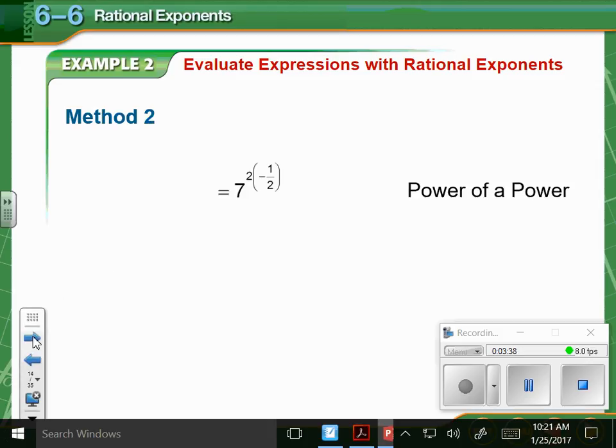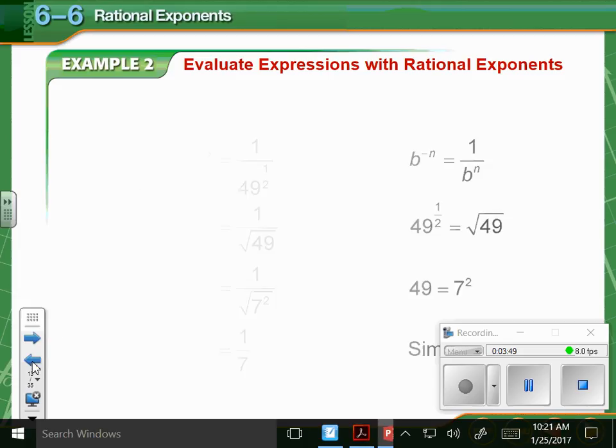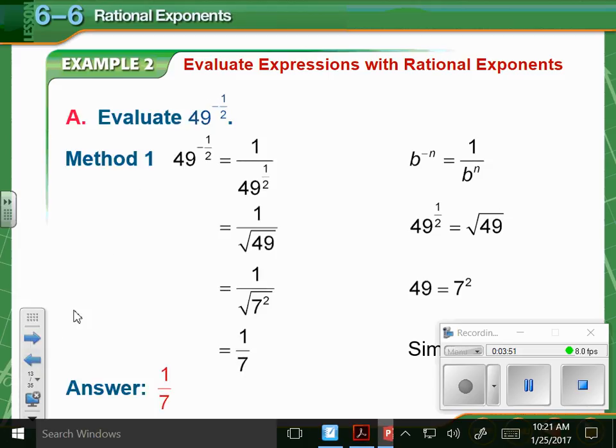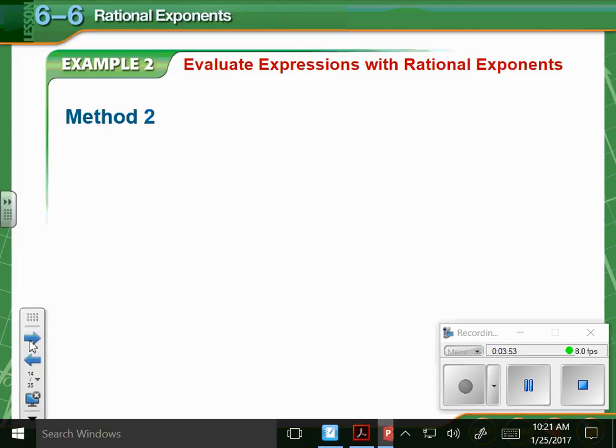You could jump straight from here to here, the more comfortable you get with this. The other way to approach the problem is to look at 49, which is what the problem started out as, 49 to the negative 1/2 power, and rewrite 49 as 7 squared. And in this case, if you have a power to a power, our rule is to multiply the exponents together.